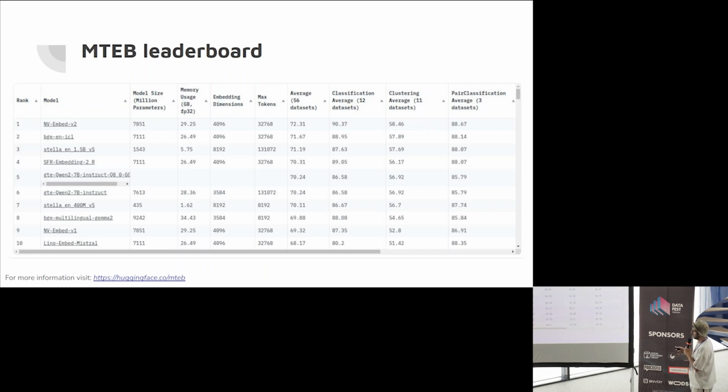I think it's also a Mistral model trained with the same approach as E5 Mistral. There is another good model called BGE, and then the rest are all GTEs or E5s. This Stella is a GTE model. I think this is from a Salesforce model, also similar. Then GTE, GTE, GTE, and the rest are all either GTEs or E5s or Mistrals.